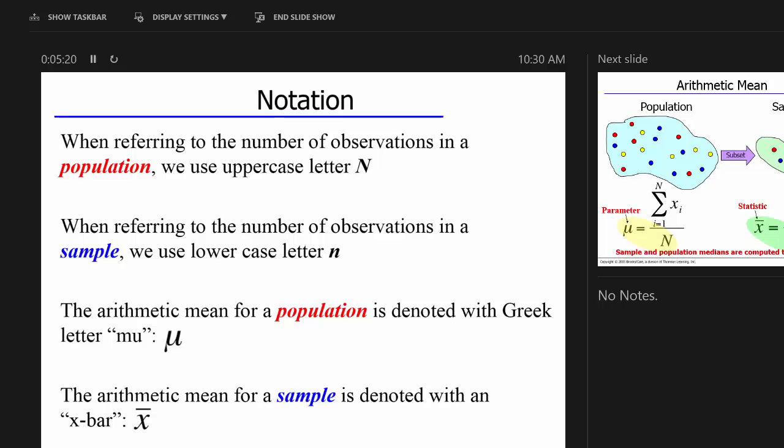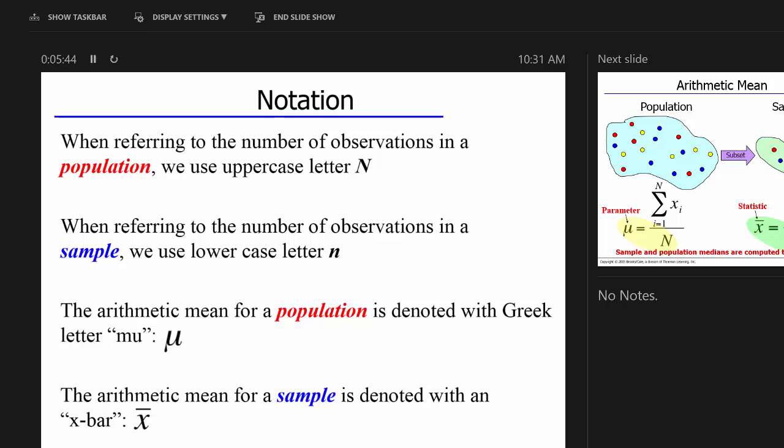So I have to settle for the sample. And if I collect little n observations, my sample can be relatively large for me, but it's still small compared to the population. 2,000 people, right? Compared to the entire 160,000, it's less than 1%, but still a lot of observations. So my 2,000 people in the sample would be little n. Okay? And whatever I can compute from the sample, I'm going to call x bar.